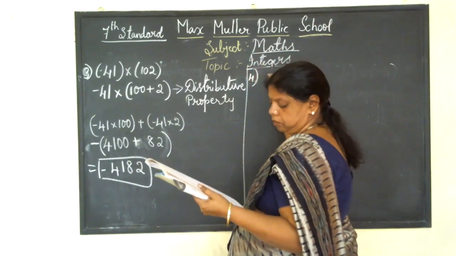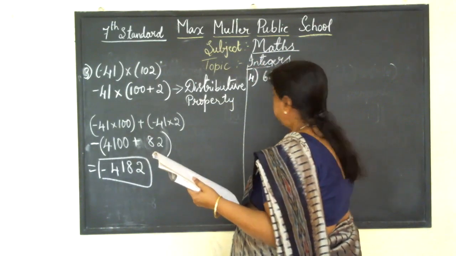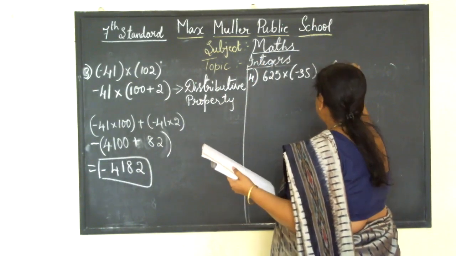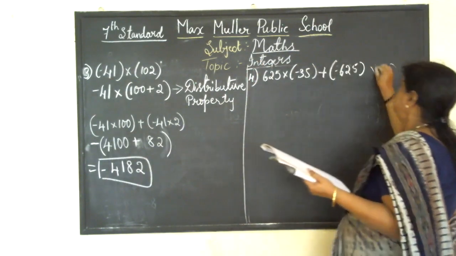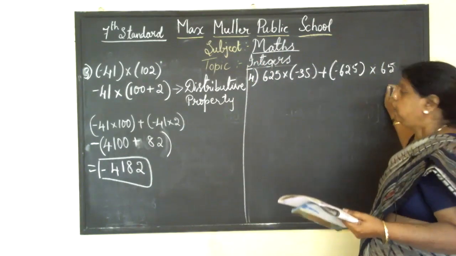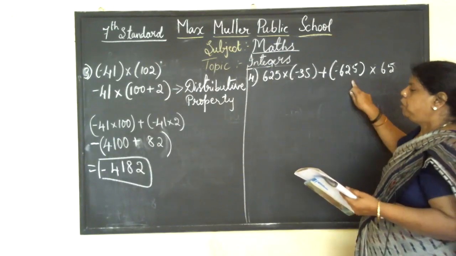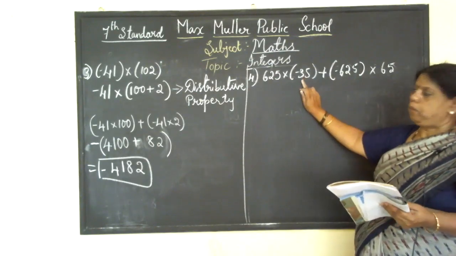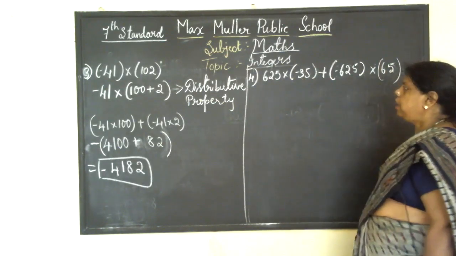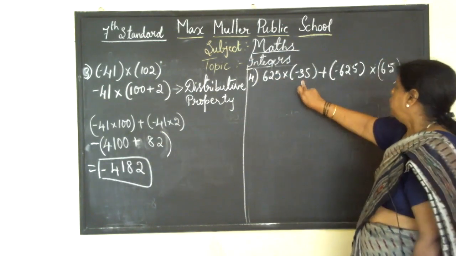Fourth one, 625 into minus 35 plus minus 625 into 65. See, 625, you have 2 times here and it is multiplied with the other number, isn't it? 625 is multiplied here with 35.